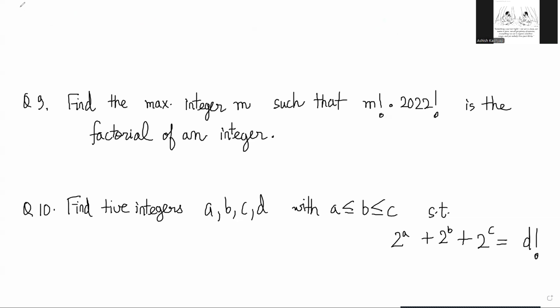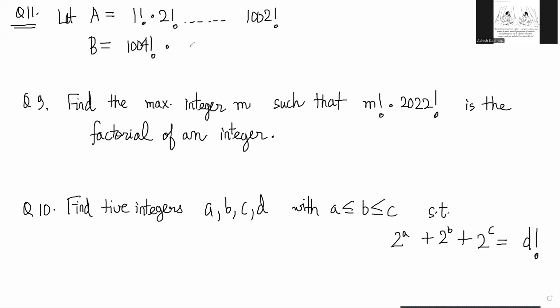All these questions are based on factorials. That's the topic that we are currently on. Let a be equal to 1 factorial multiplied by 2 factorial up to the product of 1002 factorial, and b be equal to 1004 factorial multiplied by 1005 factorial up to 2006 factorial.